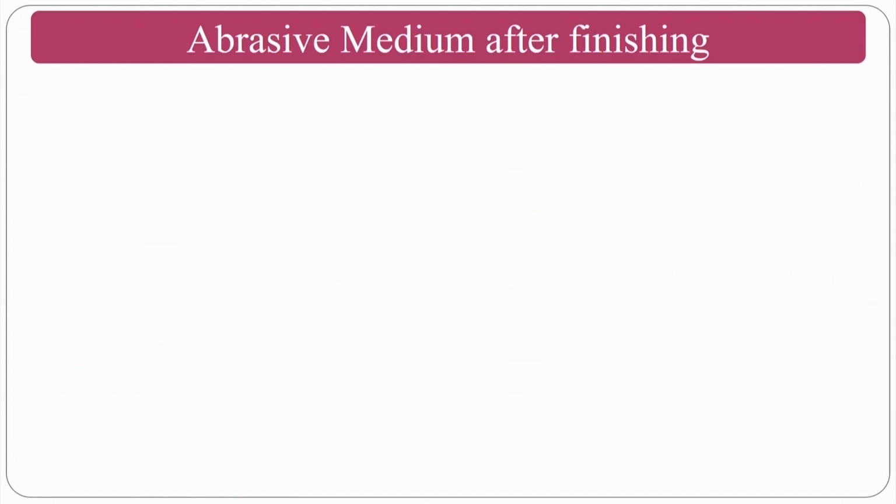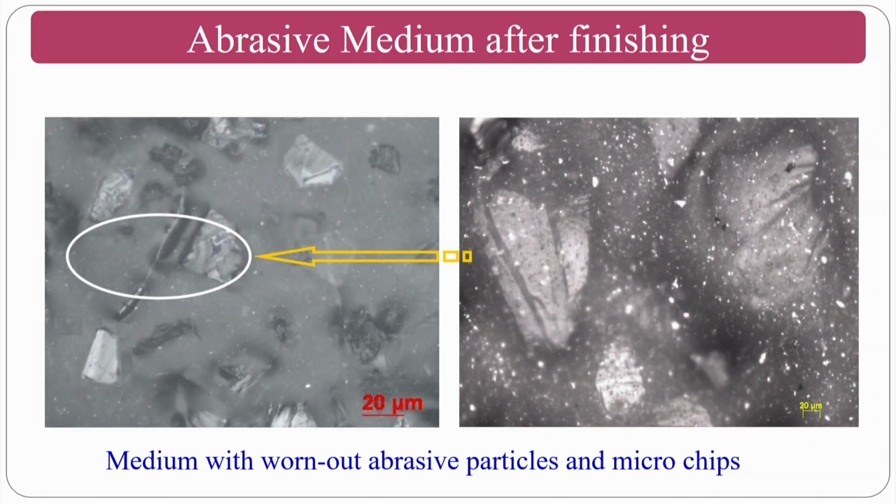In the previous slide you have also seen where these particles or chips will go. As I discussed in the previous class, these chips will embed into the medium, and the medium slowly gains bluntness of abrasive grains, as well as a number of chips. As the number of chips increases, the weight of the medium goes up.